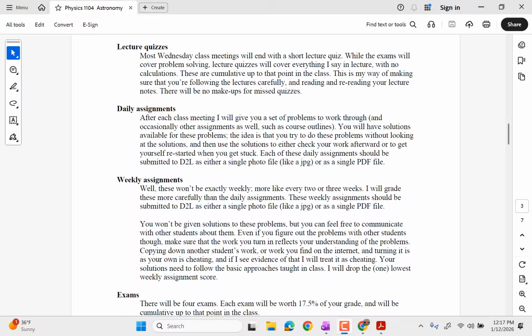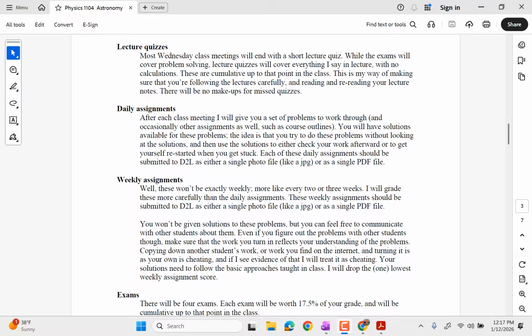So if you finish the things that are assigned and you still have more time left in your 10 hours, you should be going back to these daily assignments a week later, 2 weeks later, and seeing if you can do them without looking at the solutions, okay? What we're trying to do is solidify these skills, and that takes some repetition, okay?